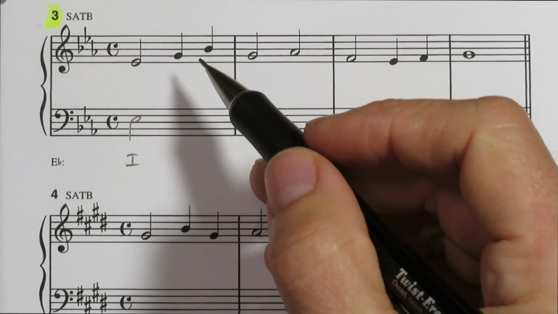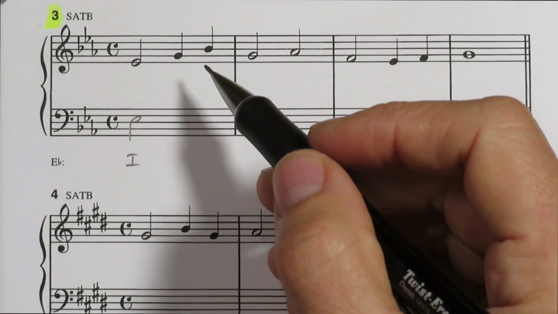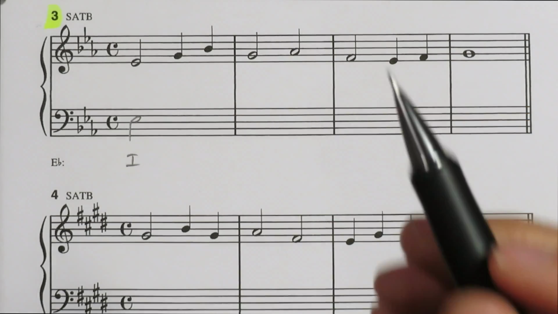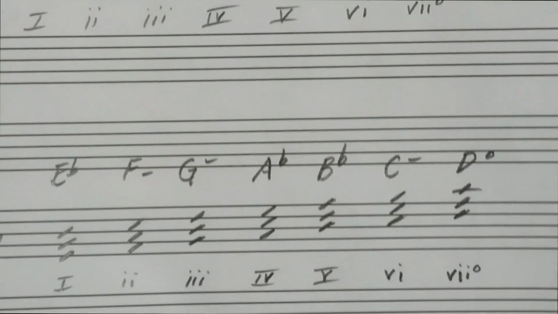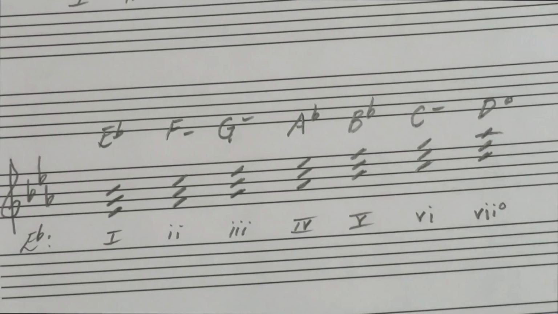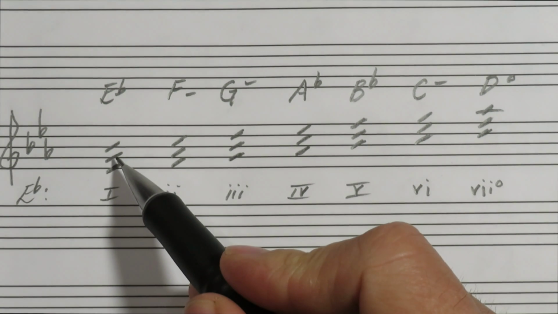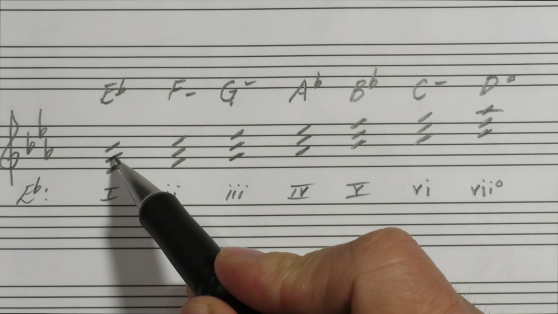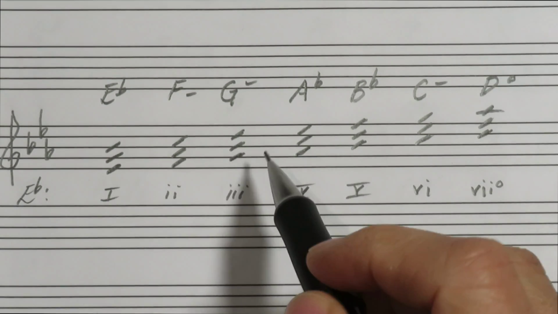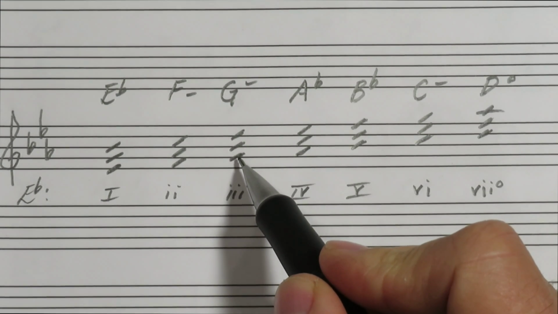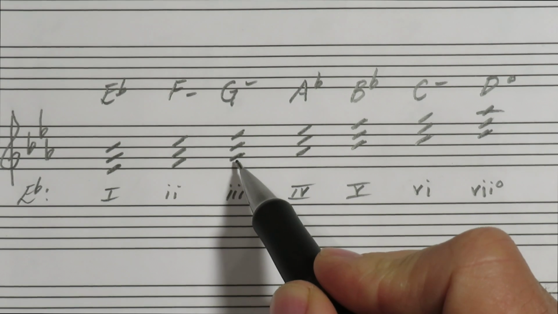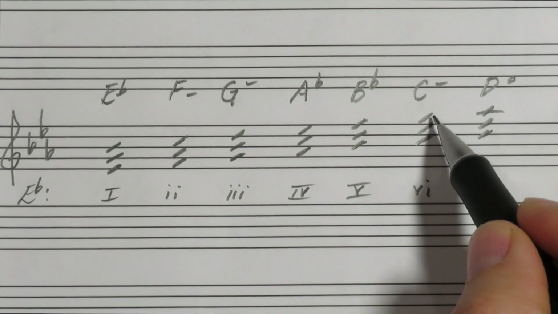So G is our next melody note. Let's see what chords the G belongs to. All right, so the G is the 3rd of the E flat major chord. It's the root of the G minor chord. And it's the 5th of the C minor chord.